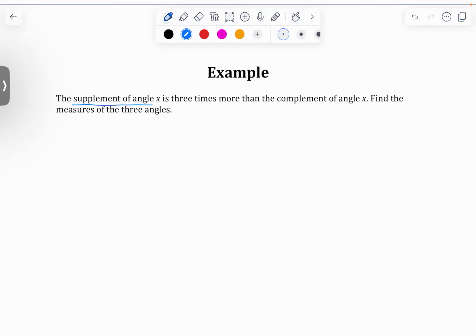The supplement of angle x. So that means angle x, and let's call the supplement of it y. Right? Supplement, by definition, means it sums to 180 degrees. I could also write this as y equals 180 minus x.